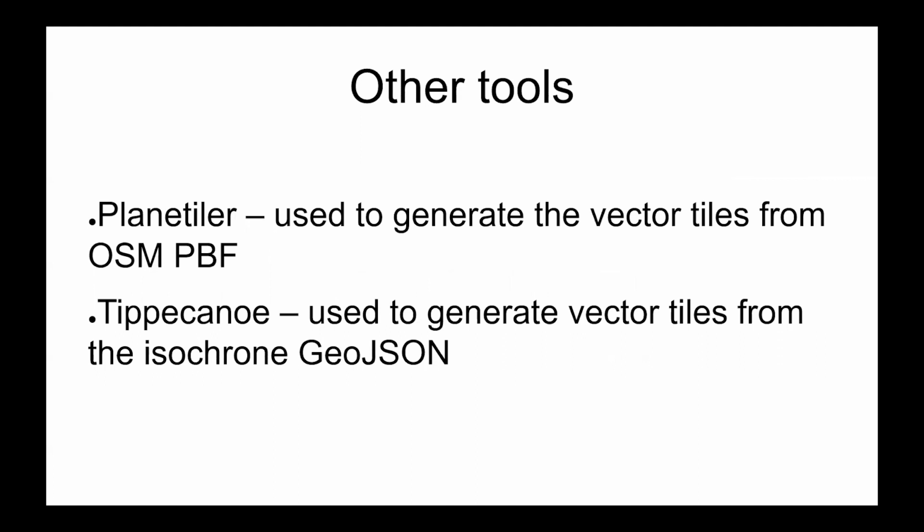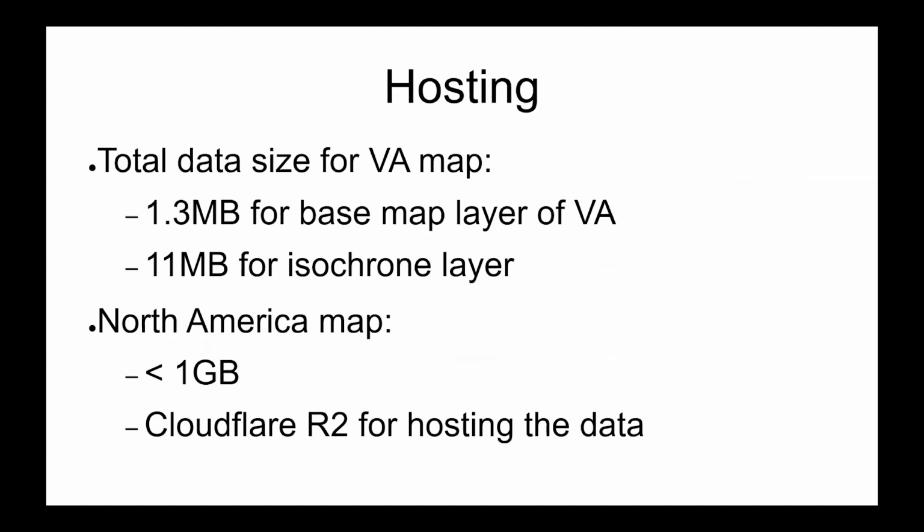Other tools used were Planetiler for generating the base map and Tippecanoe for converting the isochrone GeoJSON into vector tiles. For hosting the data, the Virginia map visualization alone came to just 12 megabytes total, which allowed me to fit it inside a Git repo, and then I could use GitHub Pages to host the project entirely for free.